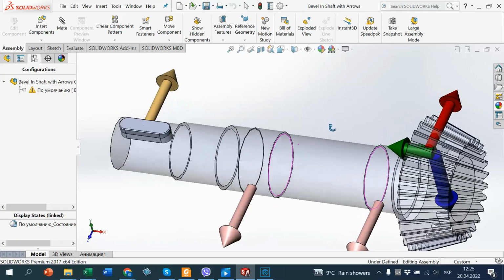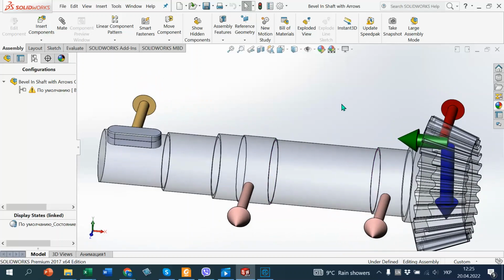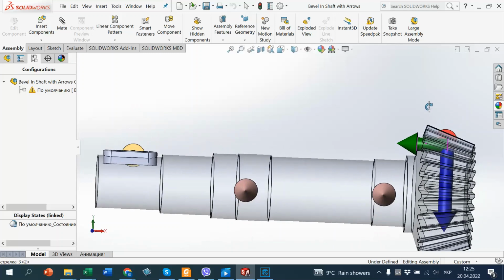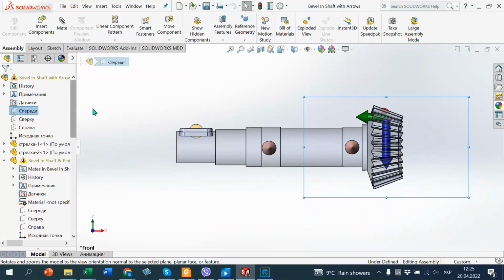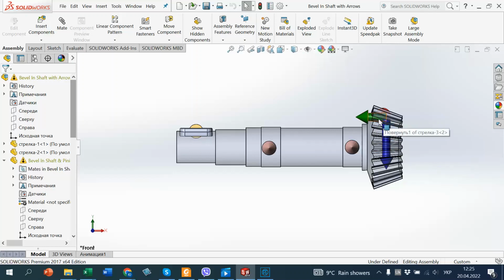So we see that radial and axial forces both act in one plane. Usually we consider these two forces, radial and axial, in the so-called vertical plane.